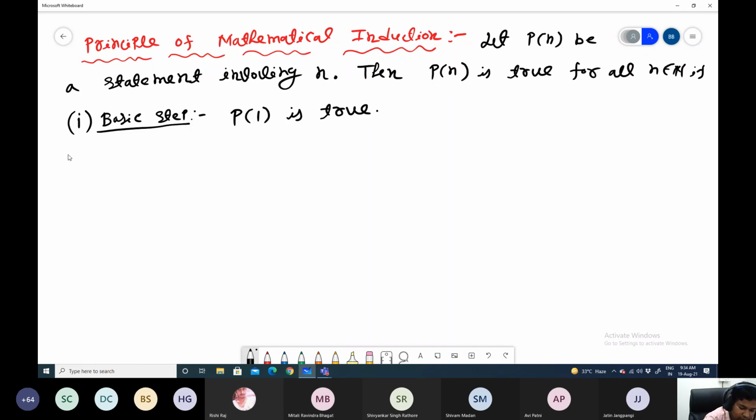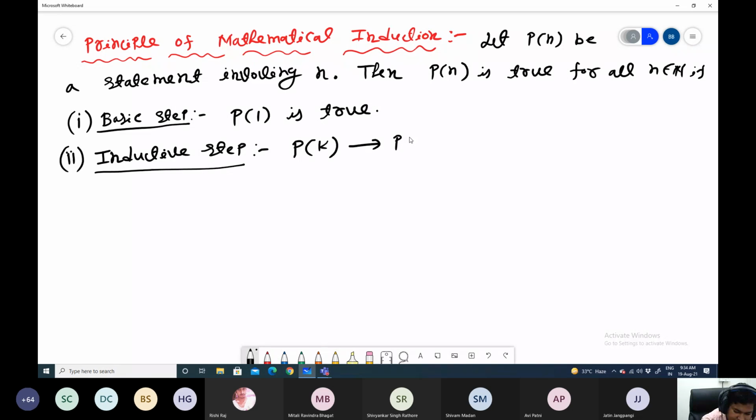Okay, and we have another condition too. It is called the inductive step. And it says that Pk implies Pk plus 1 is true.